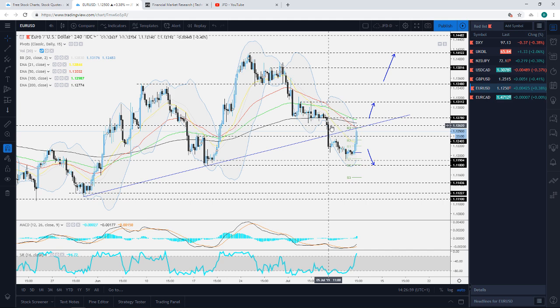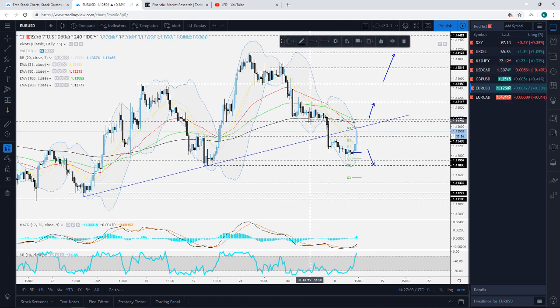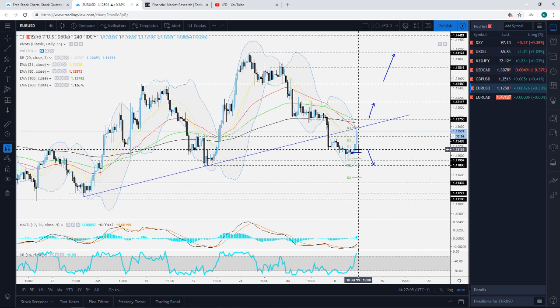For now, it is where it is. It is stuck here, and like I said, we need that nice good pop above the 1.1275 zone before we could aim for higher levels.